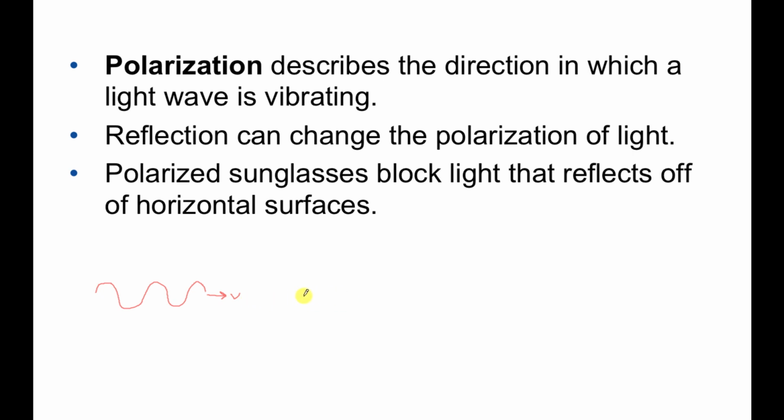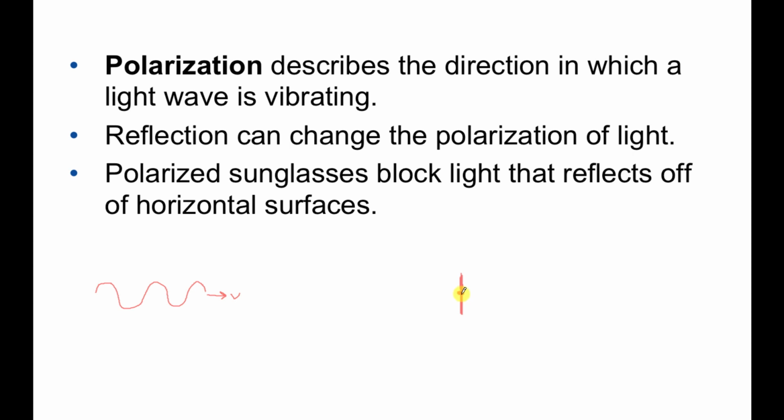If we were looking toward the light as it's coming at us, and we drew a dot to represent a beam of light coming right at us, and the electric field is vibrating up and down like that, that's polarized light. The electric field is vibrating in a particular plane. That's what you might call vertical polarization.